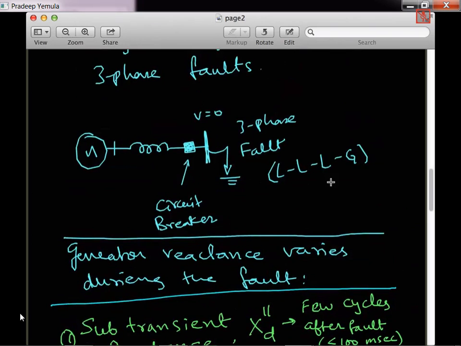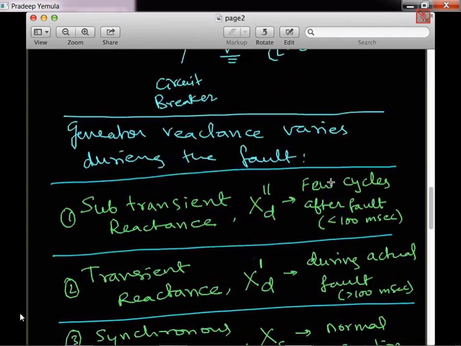Such faults are very rare. Only about 5% of faults are of this nature, that is triple line to ground or triple line fault. Even though they are rare, the fault current is very high. Therefore, it is important to understand symmetrical faults in order to determine the circuit breaker capacity and so on. So we'll see that.